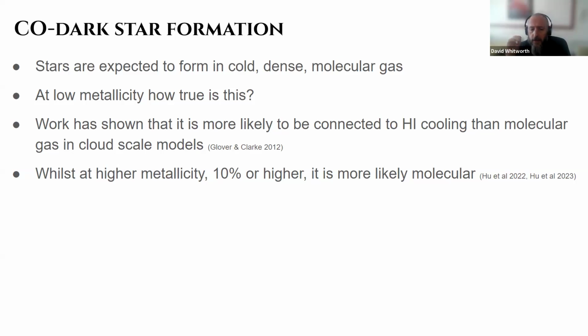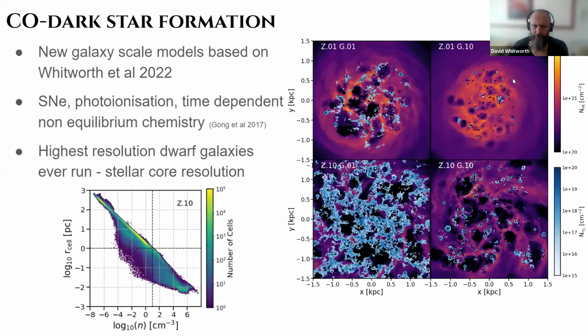Whilst when we go up to higher metallicity, say 10% of solar or higher, the gas is more likely to be molecular. And this is work shown by Hu et al. 22, 23 and things. So how true is this? I thought I'd try this.